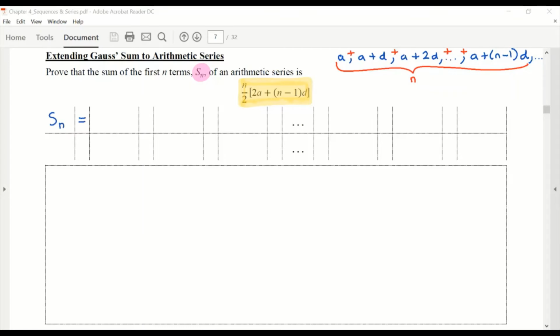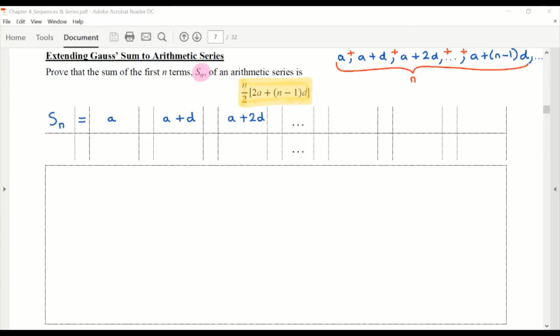So the first term is, of course, a. The second term is a plus the common difference. Then a plus two lots of the common difference. And then we have the dot, dot, dot.